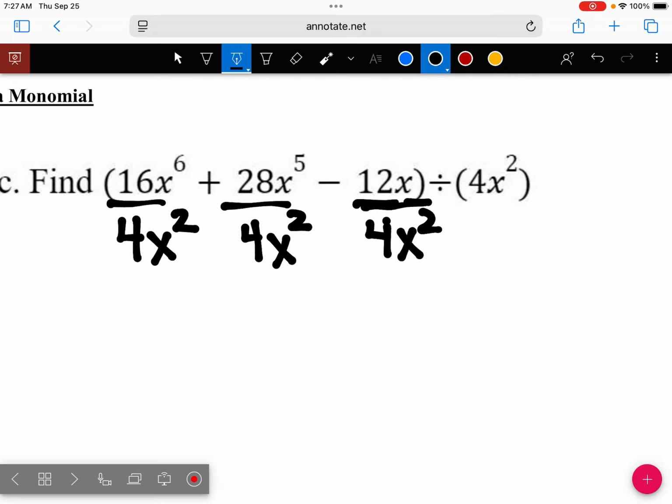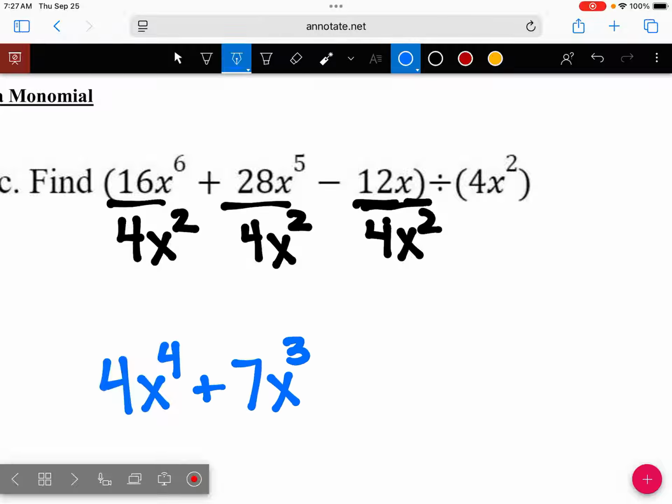Okay, so you should have had for the first term 4x to the 4th plus 7x cubed minus.